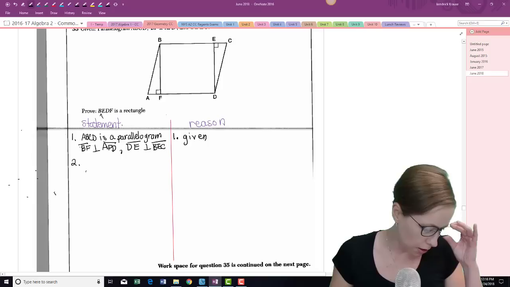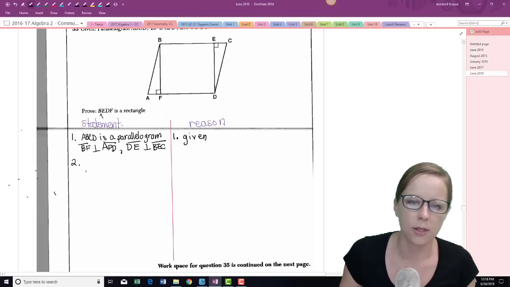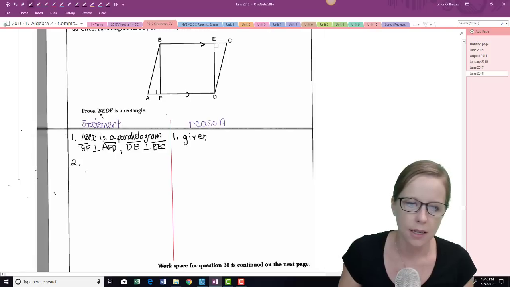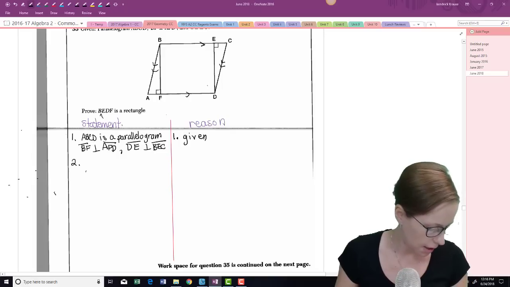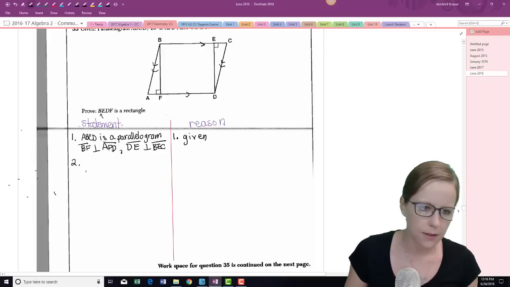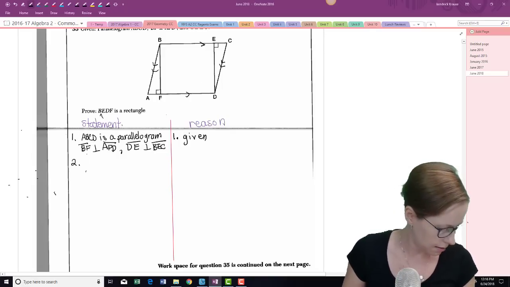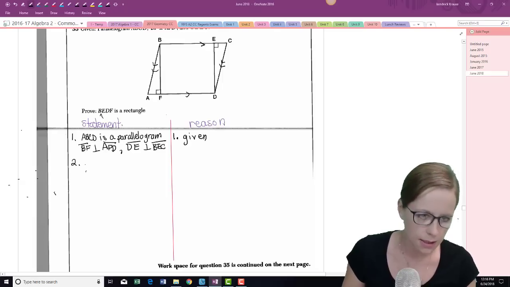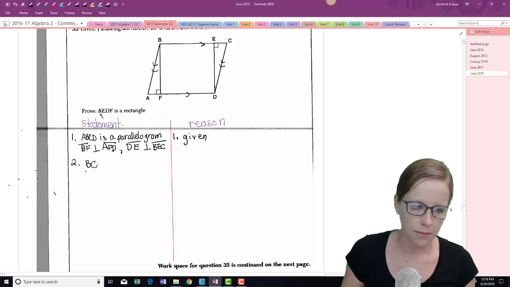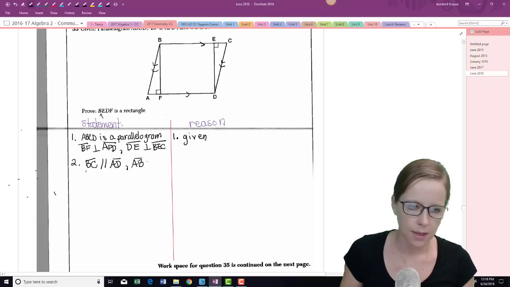So ABCD is a parallelogram. I'm going to use that first. That means that this side is parallel to this side, and that this side is parallel to this side. So BC is parallel to AD, and AB is parallel to CD.